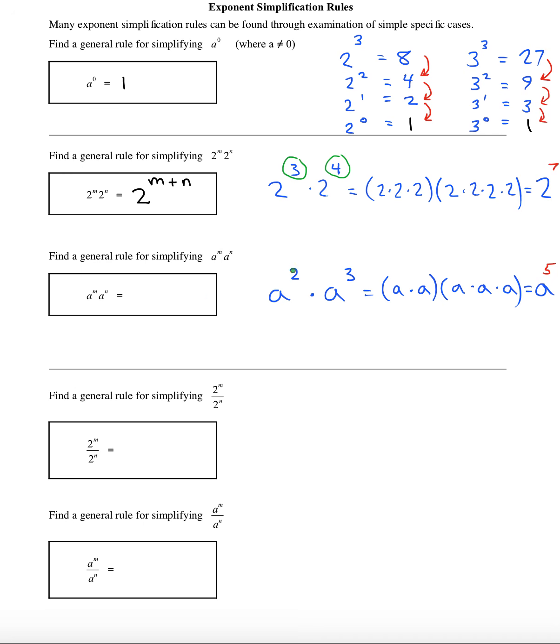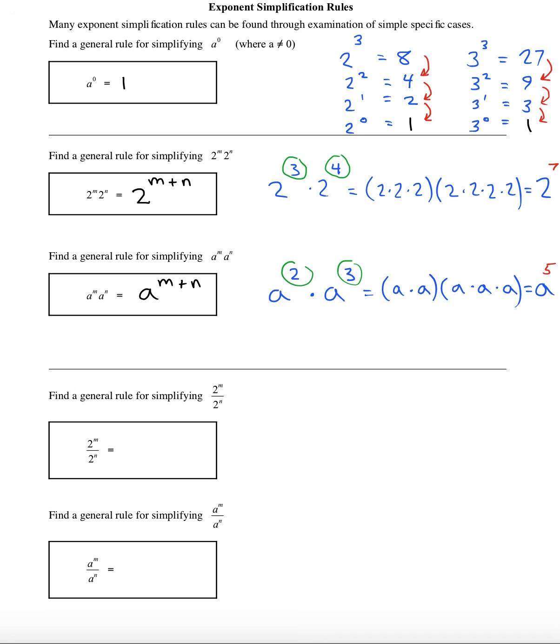And 2 plus 3 makes 5. So a to the m times a to the n will equal a to the m plus n. Notice that the bases do have to be the same for this rule to hold.